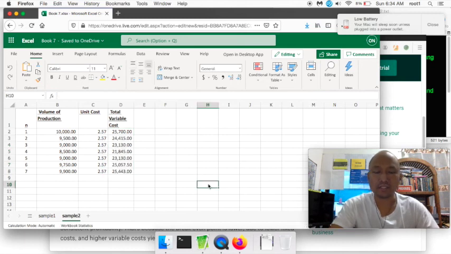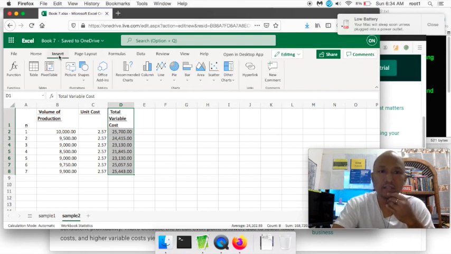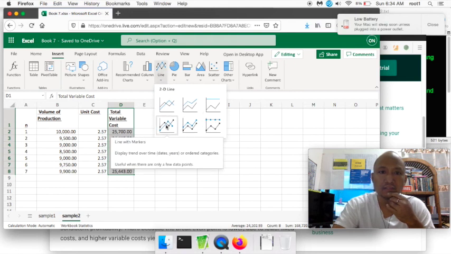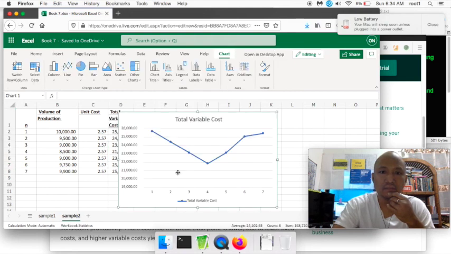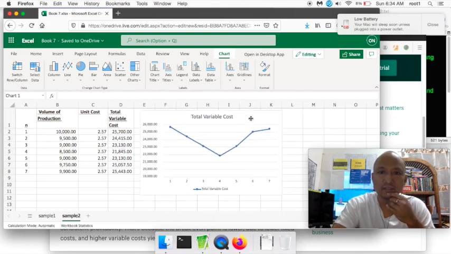Now, those are numbers, and human beings sometimes have difficulty reading numbers, and it's easier if it's visual. So let's try to graph the total variable cost and see the movement of behavior in relation to the definition. Oh, there you have it. So that's the total variable cost.